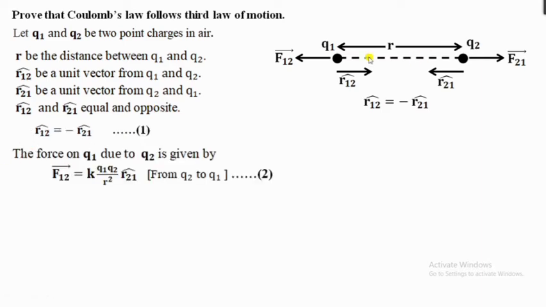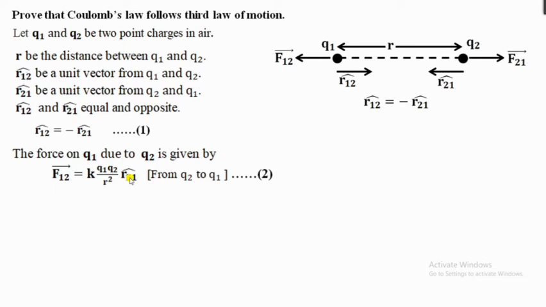So force on Q1 due to Q2 will be given by F12, so it will be given by this expression, and the direction will be R21 because F21 is going towards the left, and the vector which is going towards the left is R21. So I just have to interchange this 12 by 21 here.